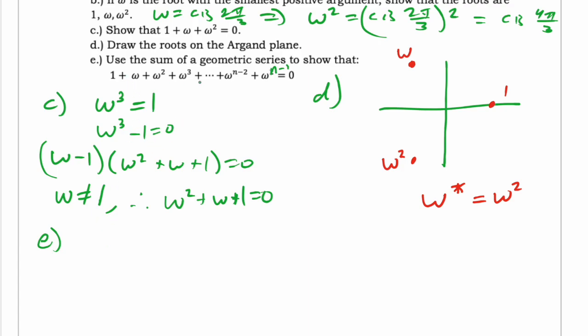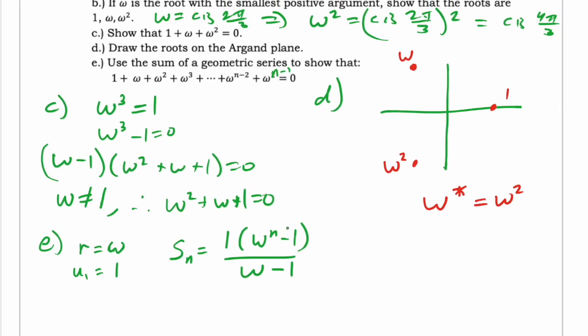But yeah, so if we look at this here, we have the r value is omega, and the first term is 1. So using the sum formula of a geometric series, the sum of the first n terms is the first term times r to the power of n minus 1 over r minus 1, right?